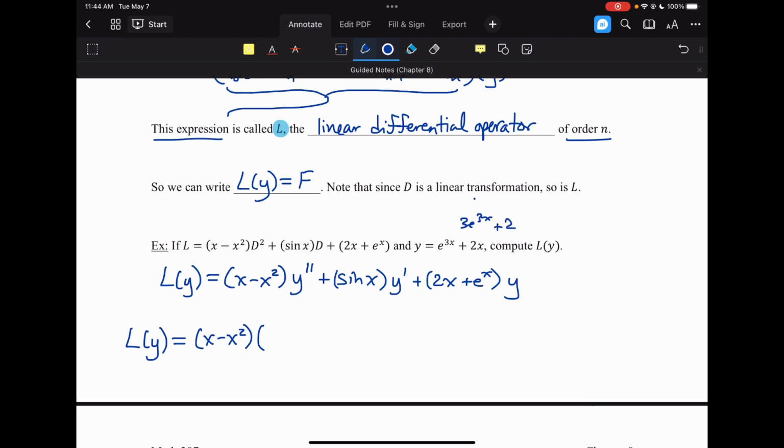The second derivative will be 9e to the 3x and then 0. So that's 9e to the 3x plus sine of x times 3e to the 3x plus 2 plus 2x plus e to the x times e to the 3x plus 2x.